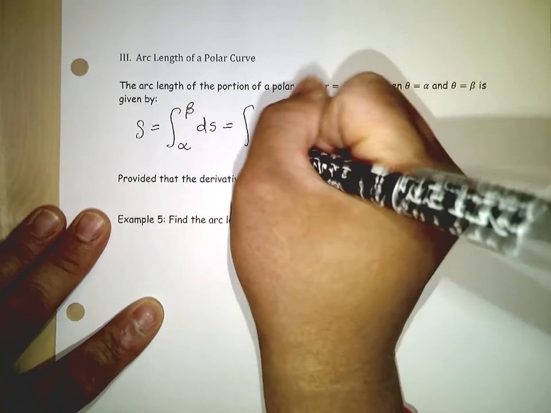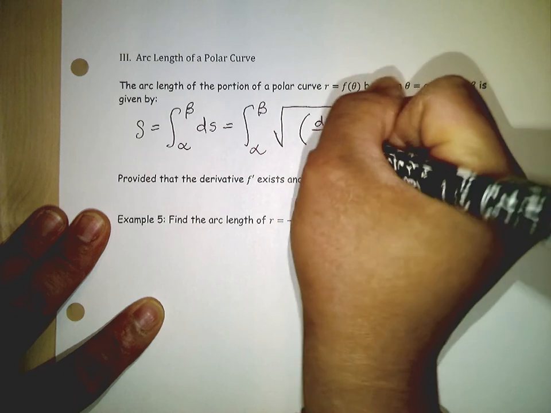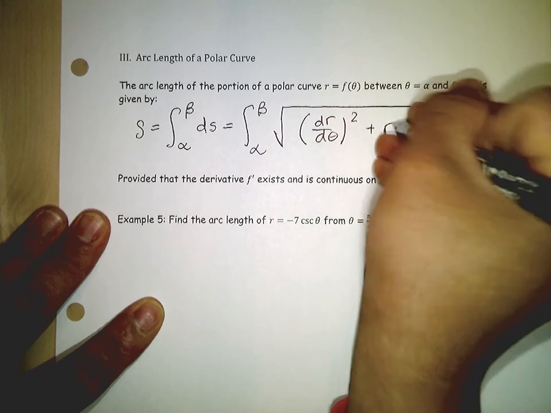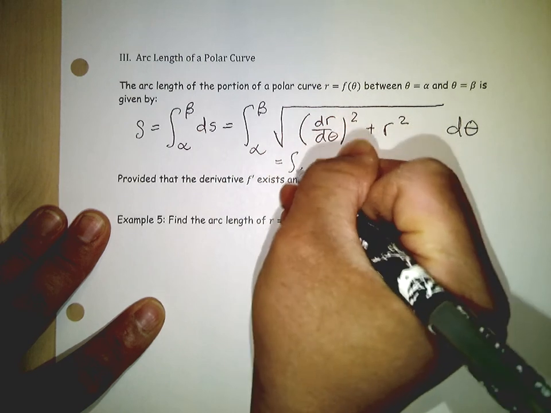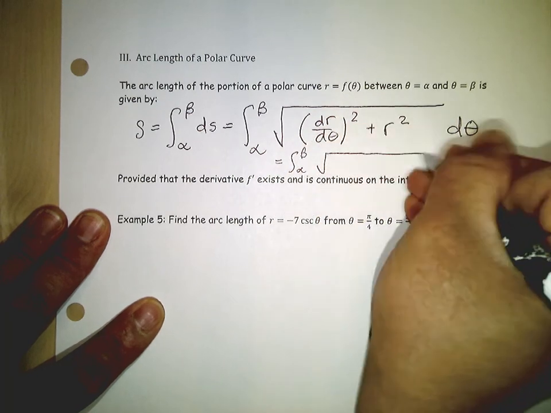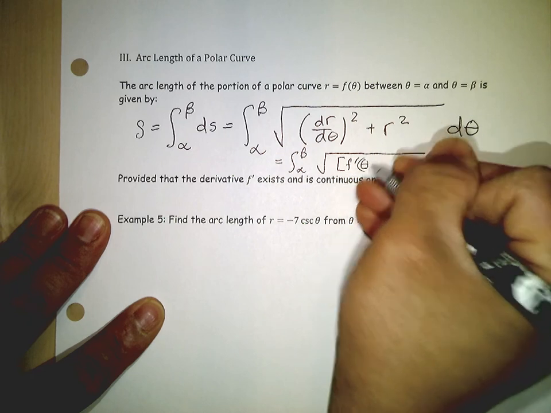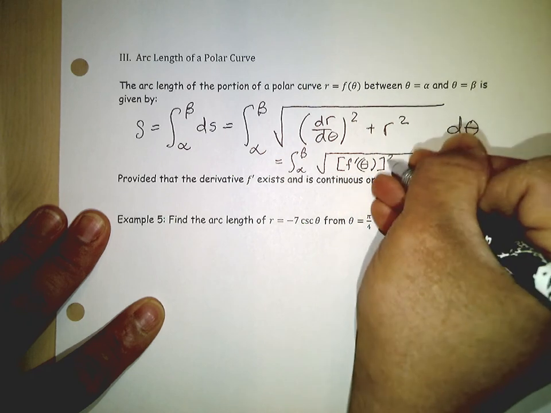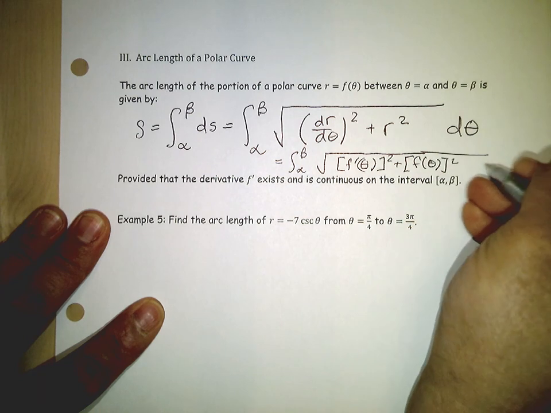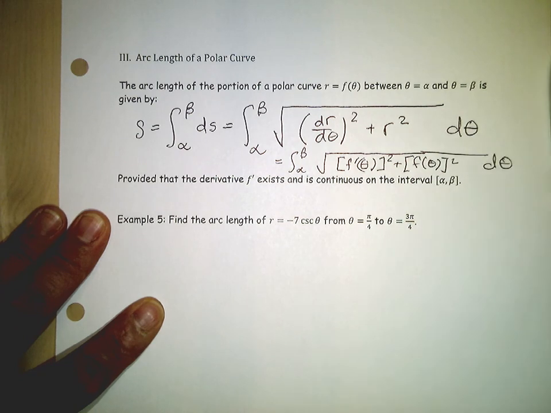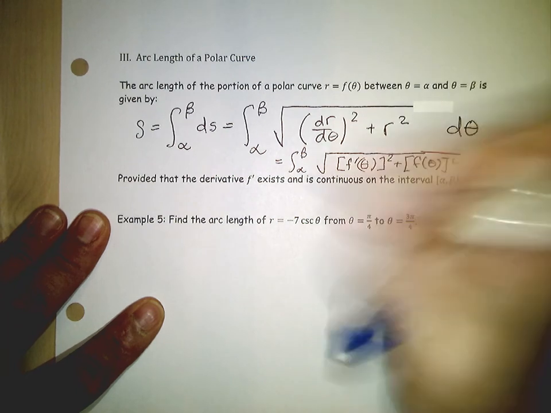So that's the integral from alpha to beta of the square root of dr d theta squared plus r squared d theta, which is the integral from alpha to beta of the square root of f prime of theta squared plus f of theta squared d theta. I probably made these square roots a little bit too long, but that's okay.